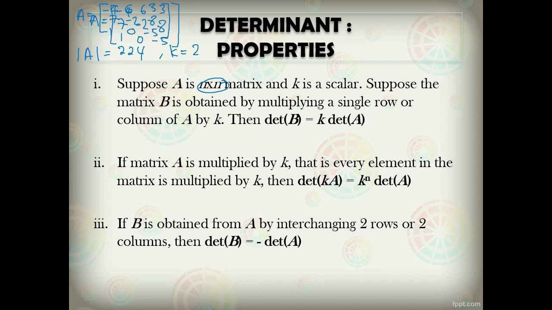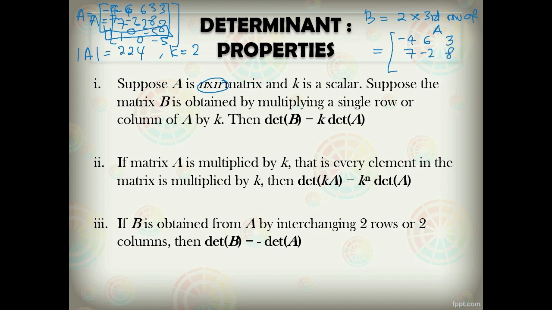And I claim that matrix B is scalar k, which is 2, multiplied with the third row of matrix A. That is our new matrix, matrix B. The rest of the rows remain the same: 4, 6, 3, 7, -2, 8.